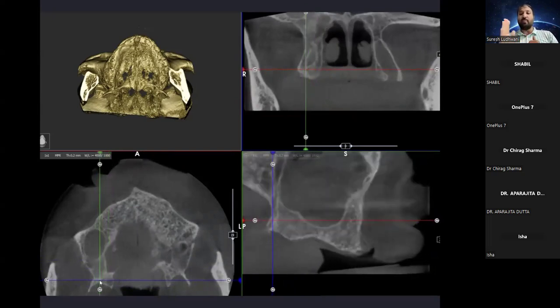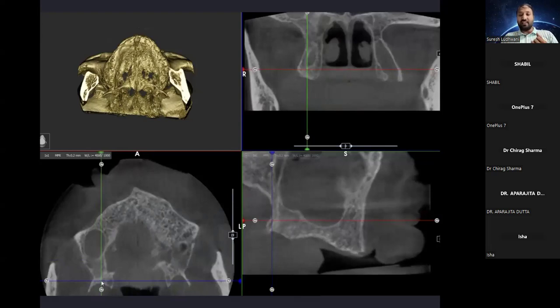Otherwise, most of the time, it is not coming in your path. And the third thing is, again, if you are following the theory of triangle, you don't really need to think about the pterygoid plexus because it will never be in your path. See, I'm just drawing that vertical bisector and then the horizontal bisector. This is again the same thing which you have learned on the OPG. You will do it in the same way.